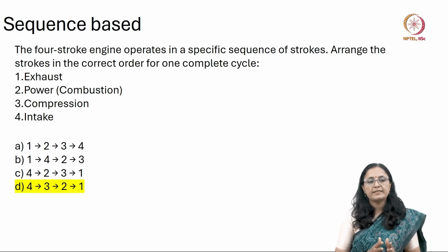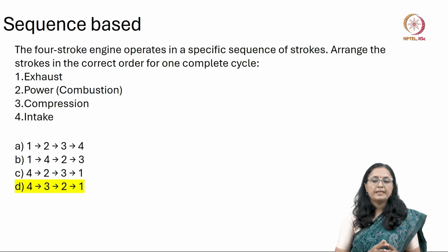Okay, so the right answer is intake. The piston moves down, drawing the air fuel mixture into the cylinder. The second step is compression. After the piston moves down, it moves up in this step, compressing the mixture for efficient combustion.